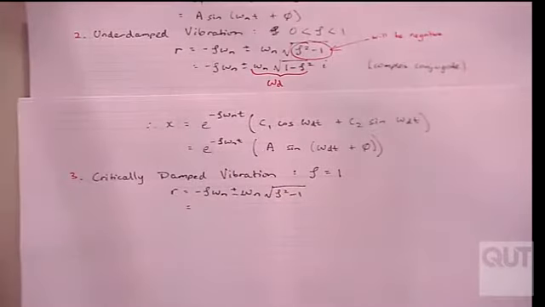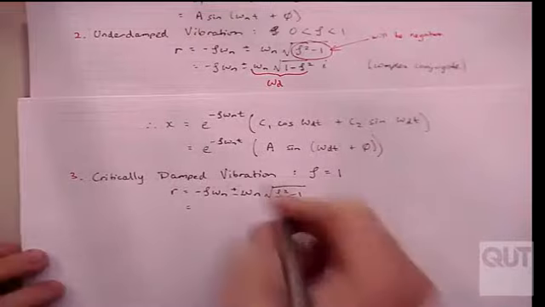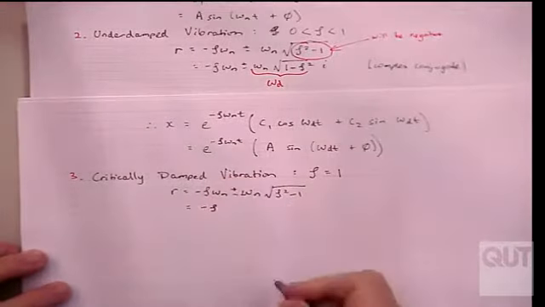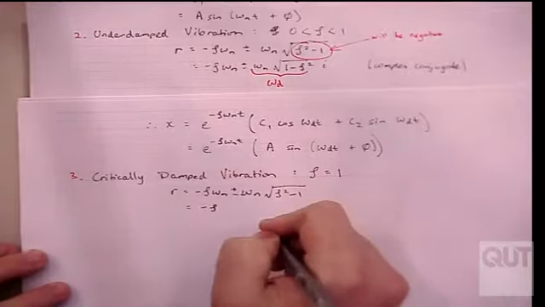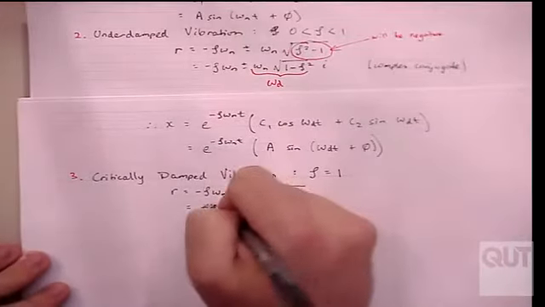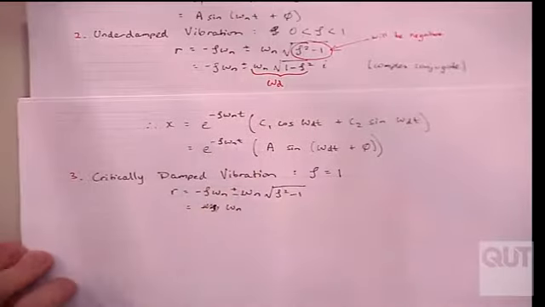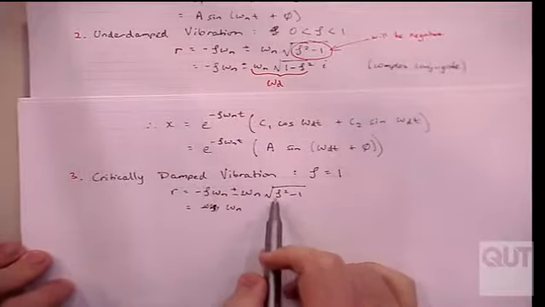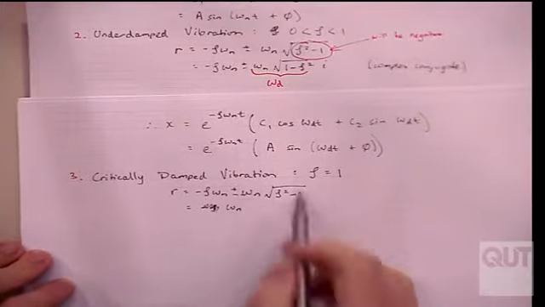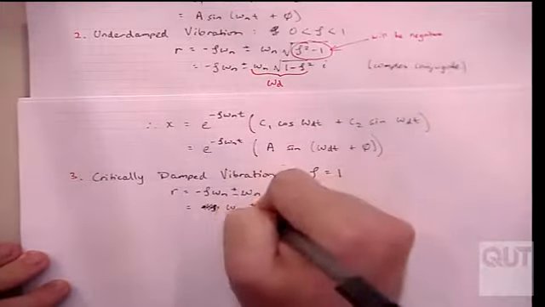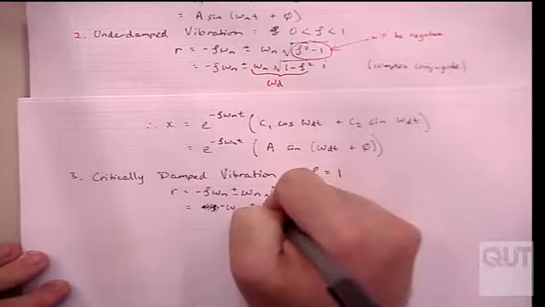Now, if we look at what happens given the damping ratio equals 1, so it's a critically damped case, what do we get? We get negative omega n, and then if the damping ratio is 1, we get 1 minus 1, which is 0, right? So the roots are negative omega n, plus minus 0.